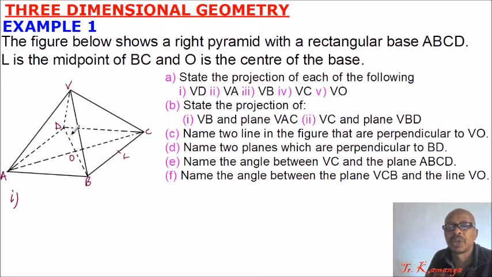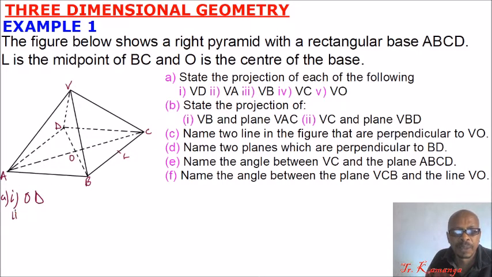This is to say, like we have said, if you drop it, it will fall onto OD. So the projection of VD is OD. This is part A of the question.